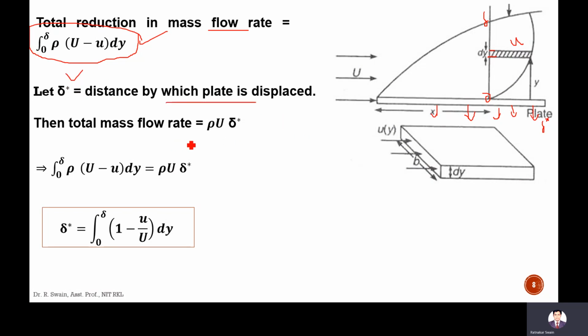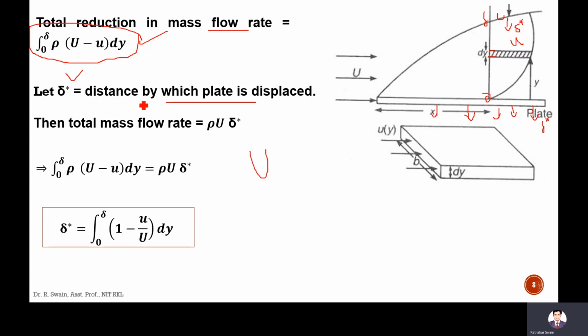If we can displace the plate, then this layer will be displaced by delta star, and the velocity here will be capital U. So rho U into delta star will be the total mass flow rate.